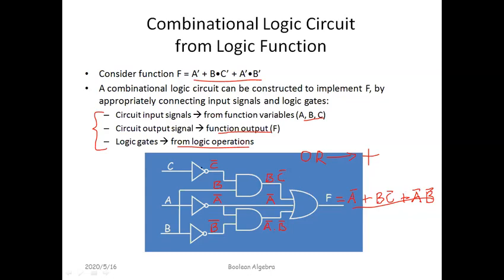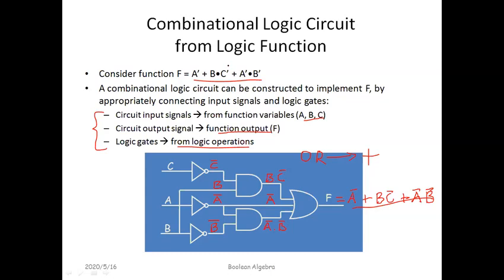But this is not to say this is all there is. We can simplify this circuit further so that we have fewer gates. Because in combinational logic you need to come up with a circuit that is as simplified as possible with the smallest number of gates possible.